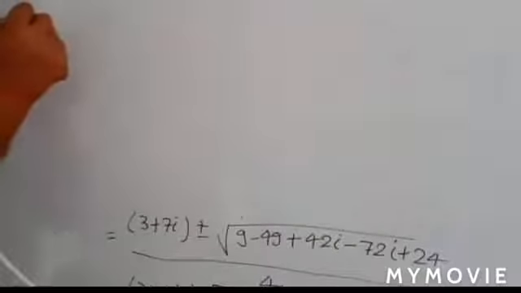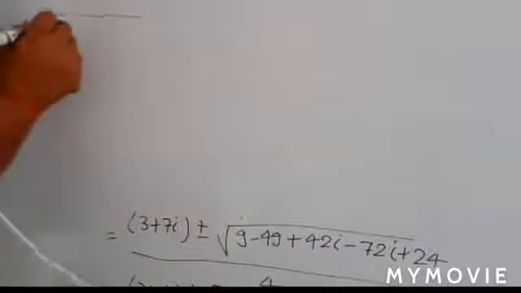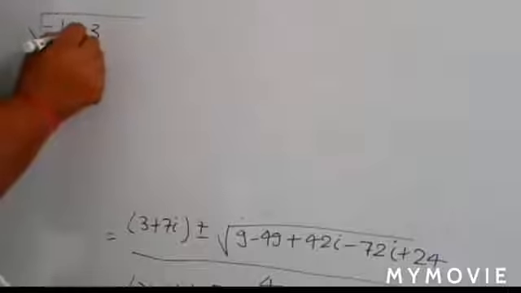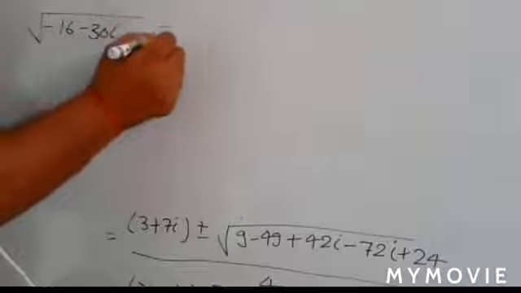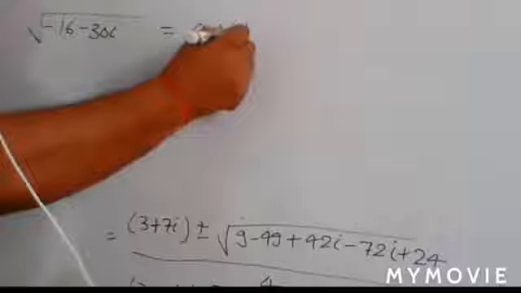So again, assume under root minus 16 minus 30i is equal to a plus ib.